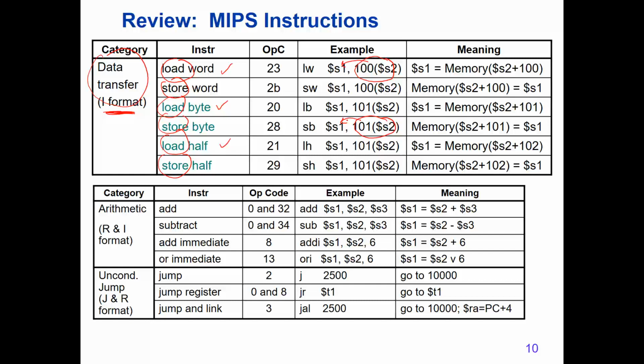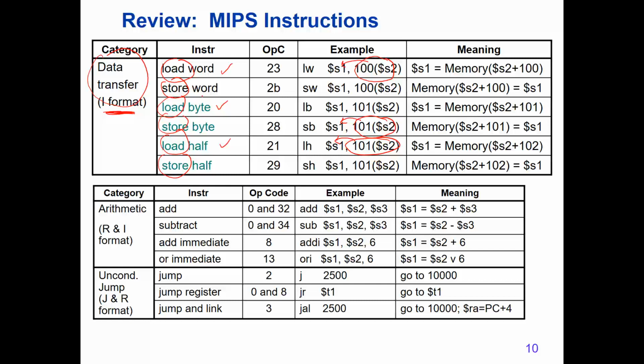I know this might be confusing because we've studied in the assembly class that the word is 16 bits. Now we have to change this, and the word in this class is 32 bits, which is equivalent to 4 bytes. And load half means 2 bytes. We will load 2 bytes to this register. How about store?